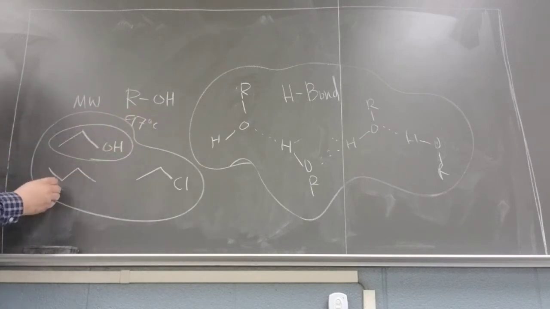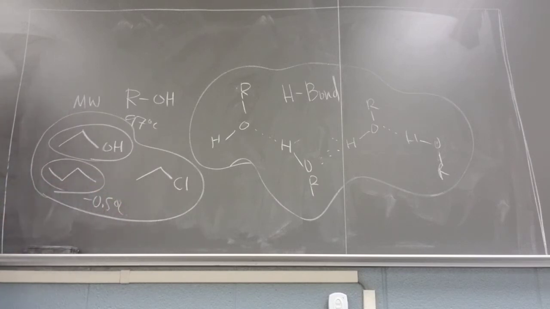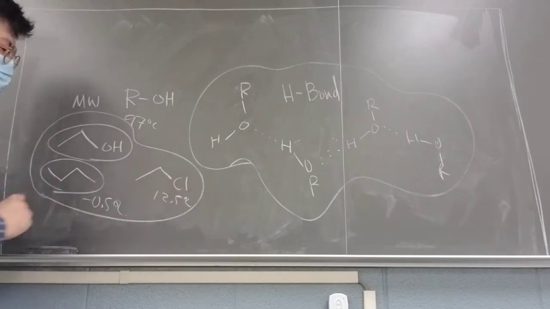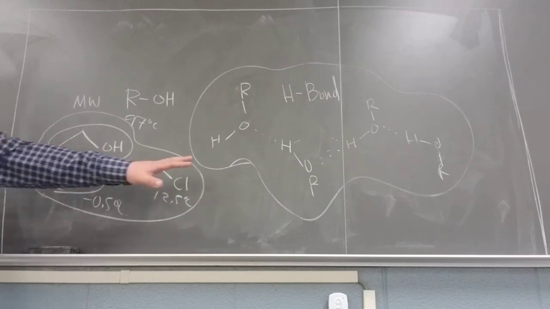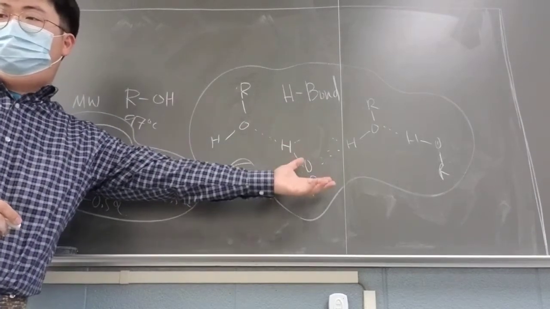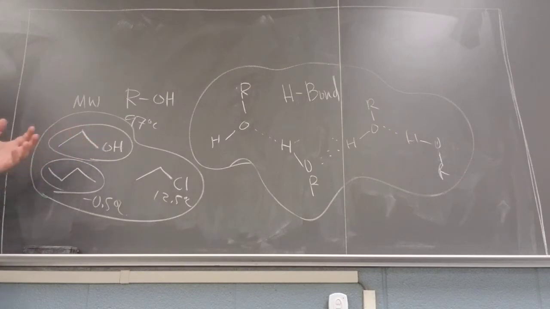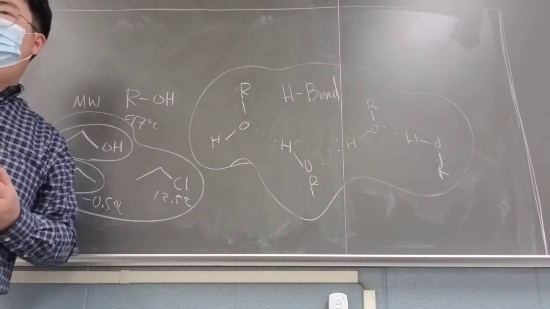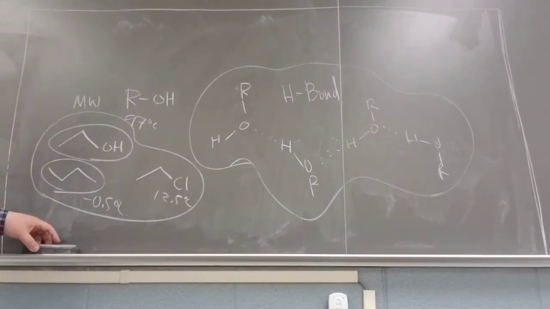This one is really low, almost 0 degrees Celsius. This is about 12.5. So obviously you can see how strong the intermolecular force is that they share with this type of alcohol compound. That is one of the good characteristics of alcohol or phenol, any compound that has a hydroxy group.